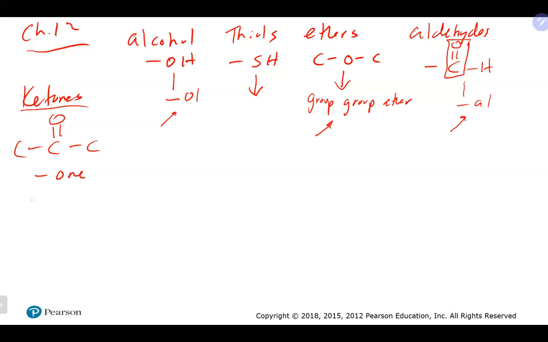And for ketones with more carbons, you do need to give the location of where the carbon double bonded oxygen is located. Remember, unlike aldehydes, the ketone will never be at the end.